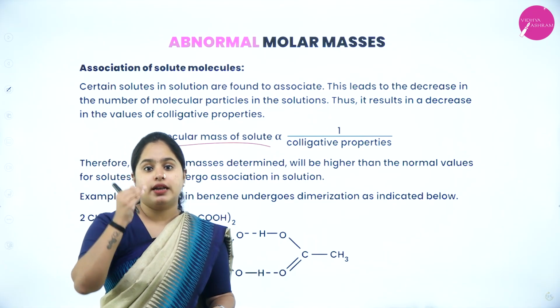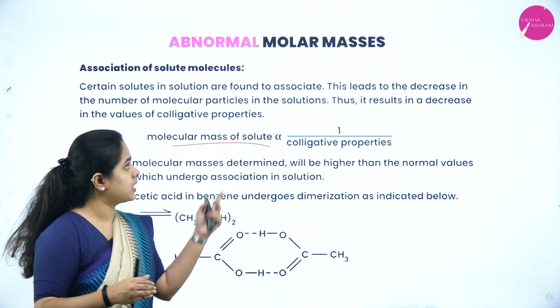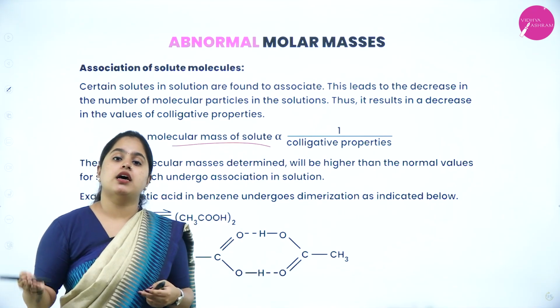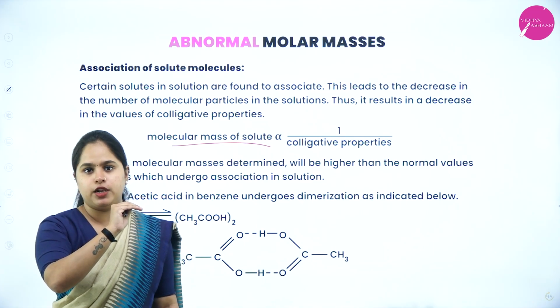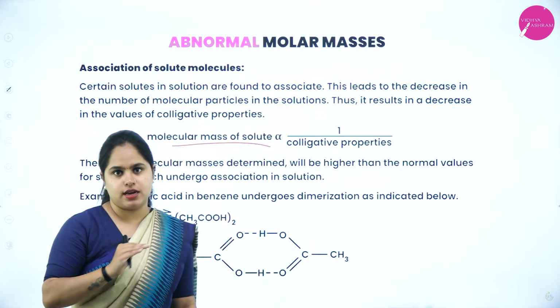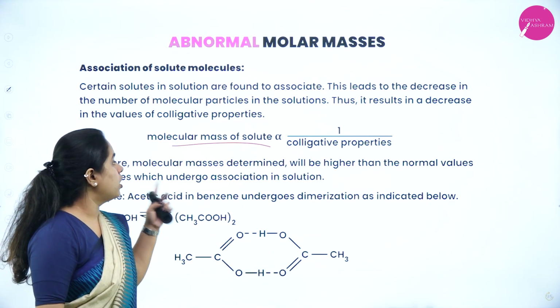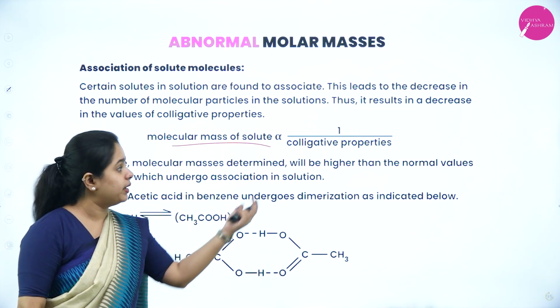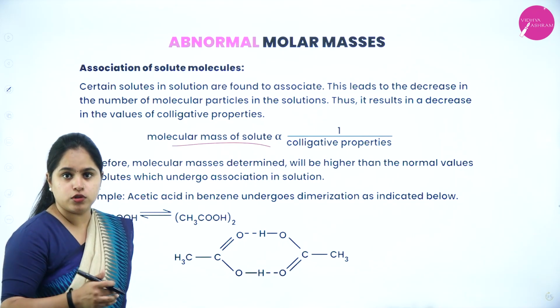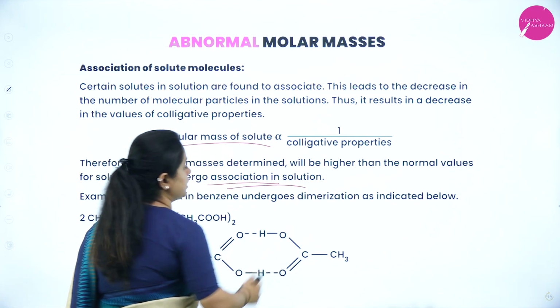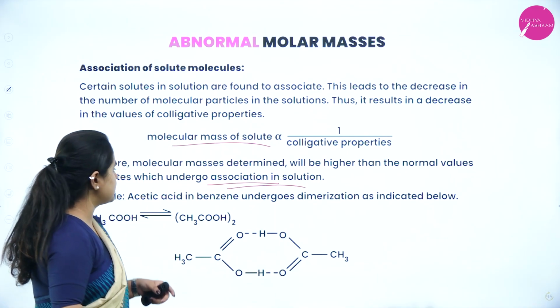So in this case, when the solute particles are undergoing association, the molar mass will be more than the expected value because the colligative properties are less. Therefore, the molecular masses determined will be higher than the normal values for solutes which undergo association in solution.